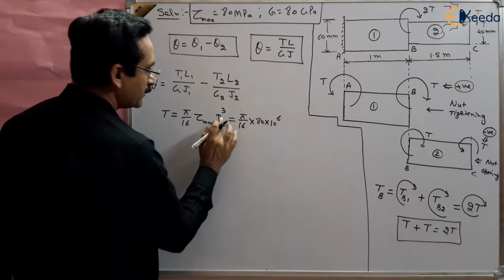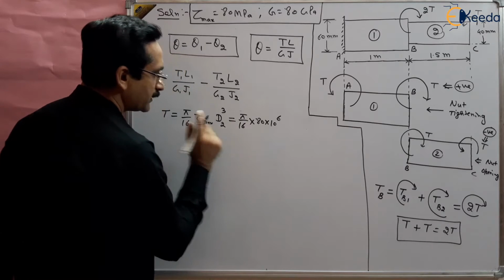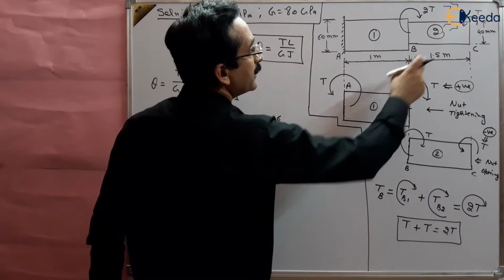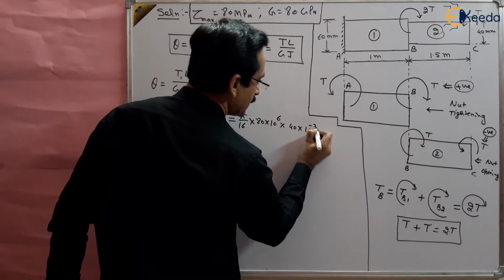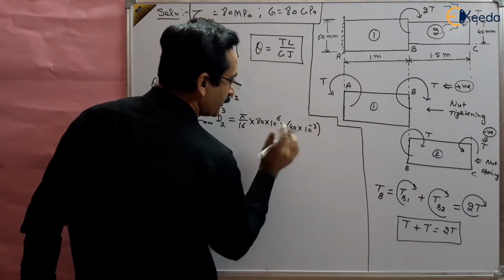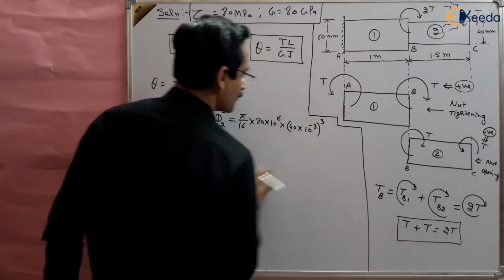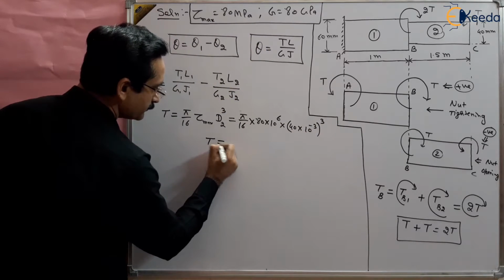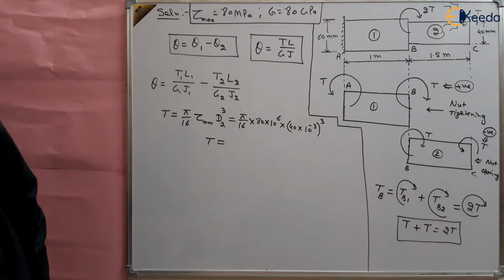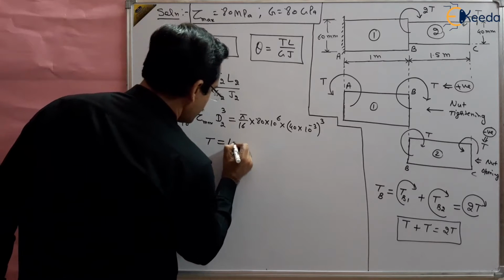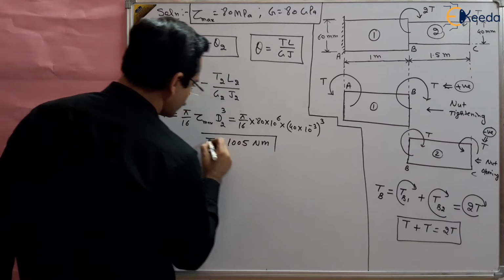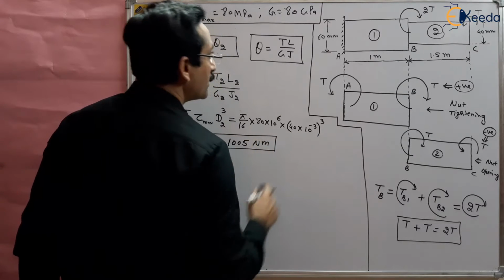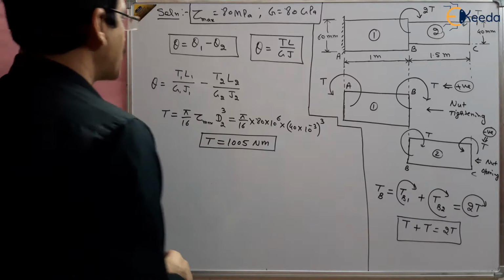D2 is 40 multiplied by 10 to the power minus 3, because it is meter, to the cube. So T will come out to be, solving it, 1005 Newton meter. So this is the torque which is safe to transmit the power to the shaft, right?